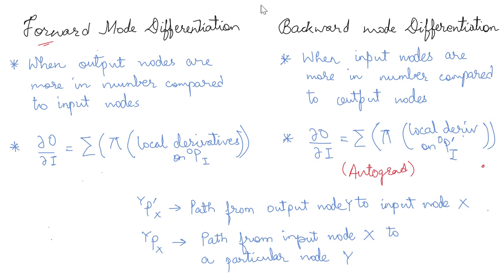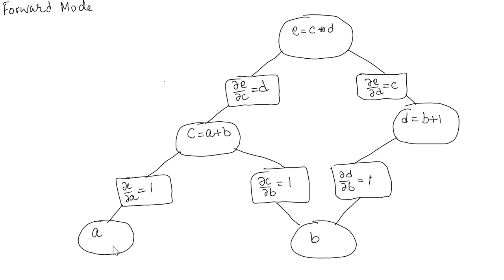So let's look at an example. Let us assume the values are given as C is equal to 3, D is equal to 2, E is equal to 6. These values will pick up the current value.